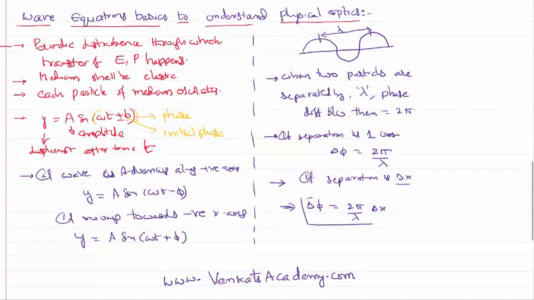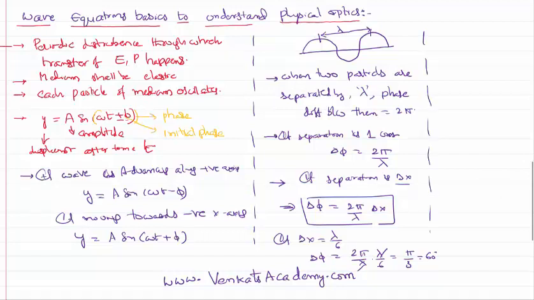This is the relation between phase difference and path difference. So if somebody says the two particles are separated by lambda by 6, then the phase difference between them will be 2 pi by lambda into lambda by 6. That's nothing but 2 pi by 6 or pi by 3, which is equal to 60 degrees. That's how we can find a relation between phase and path.